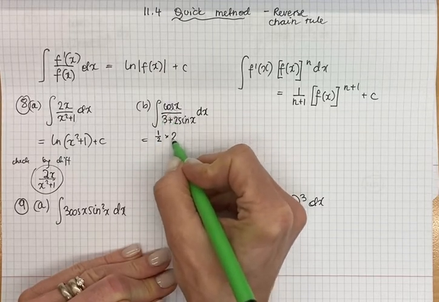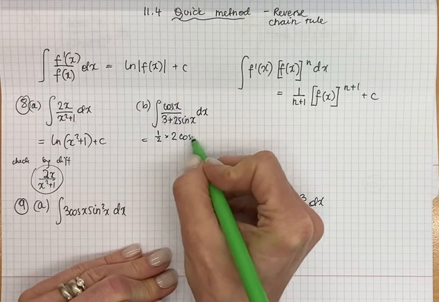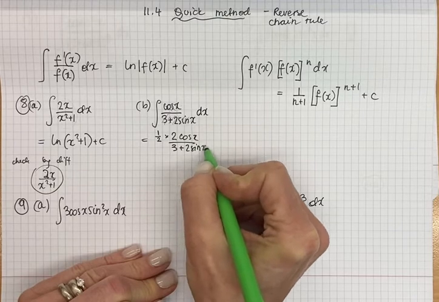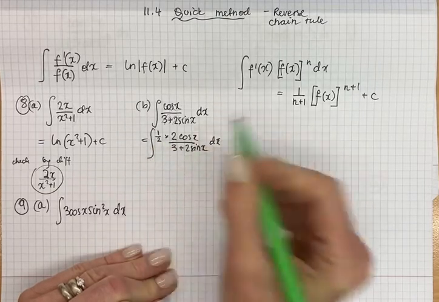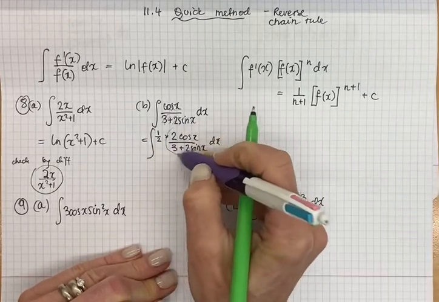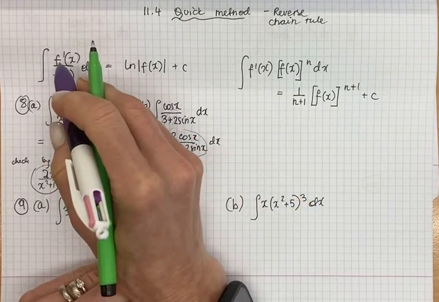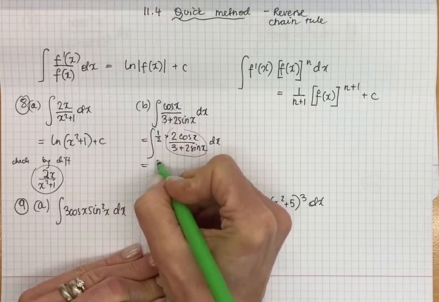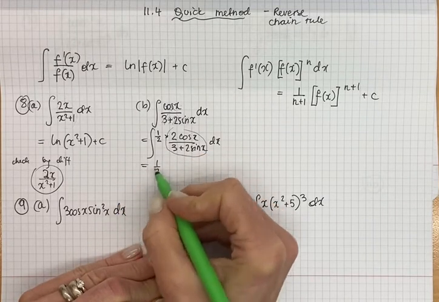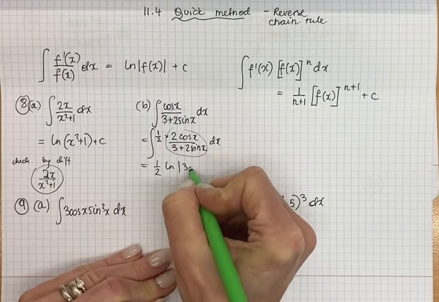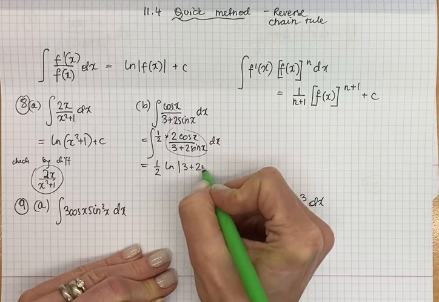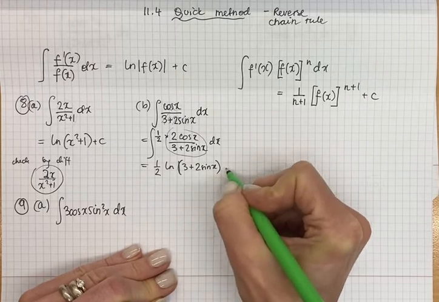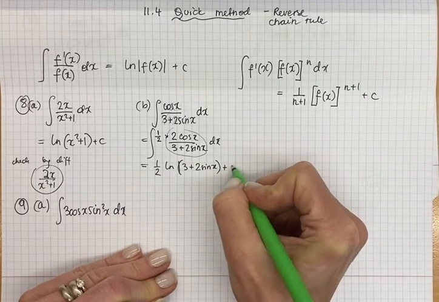So if you write it as a half of 2 cos x over 3 plus 2 sine x dx, you could see that this here is an example of a function's derivative over the function, therefore an example of ln being differentiated. So it's a half of ln of 3 plus 2 sine x. Actually 3 plus 2 sine x doesn't need modulus because it's always positive, but it's fine if you leave the modulus symbols.